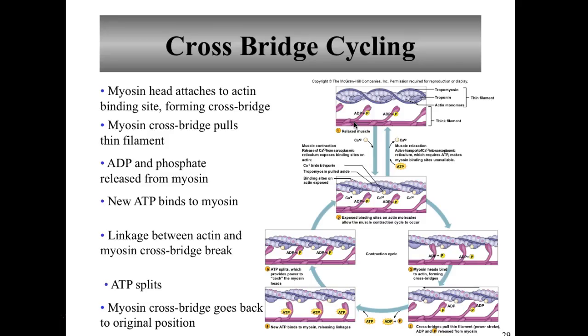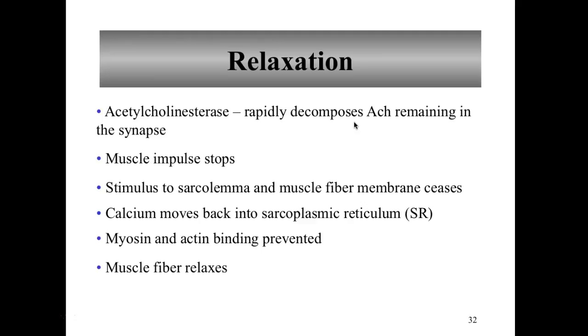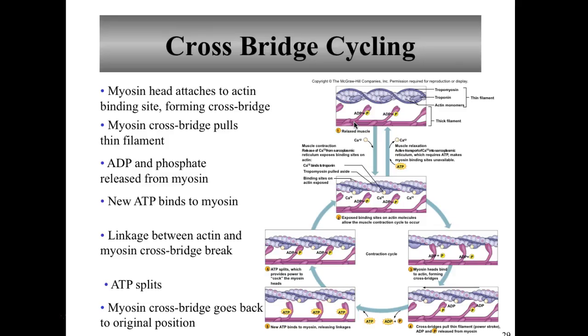Now, the last thing is cross-bridge cycling. So the cross-bridge cycling, what's going on in there? Figure 9.9 on page 300 illustrates this. When the calcium ions are present, the myosin binding sites on actin become exposed. That cross bridge attaches in two steps. ATP breaks down and provides energy to cock the myosin head.